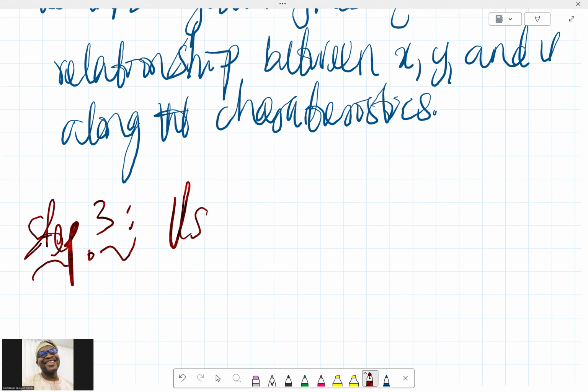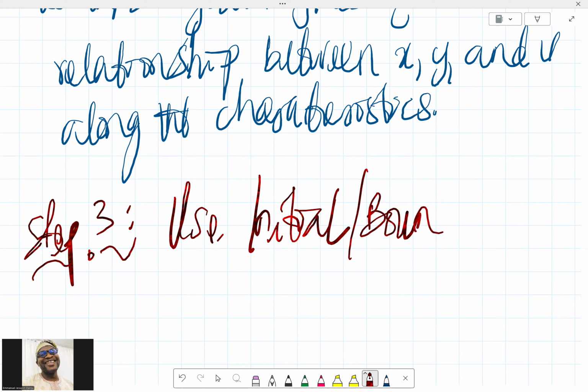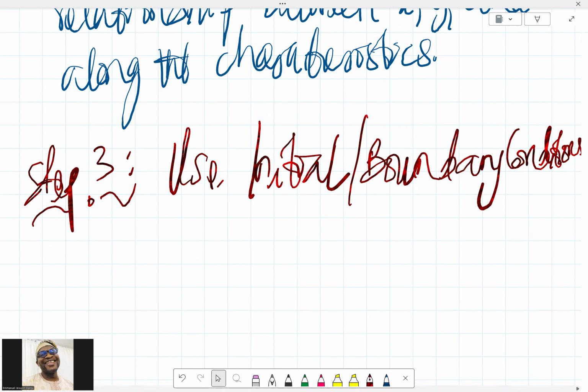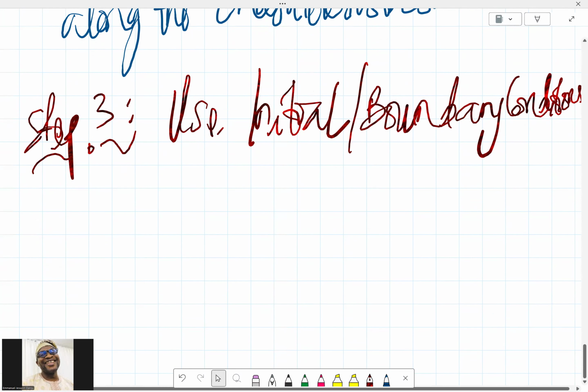You can use the initial or boundary conditions to get particular solutions. You can get general solutions, but initial or boundary conditions will help you get specific instances called particular solutions.